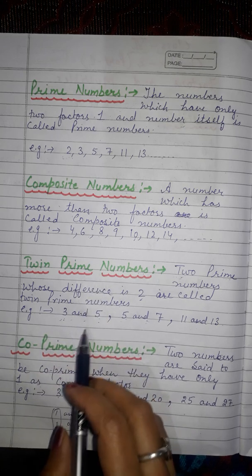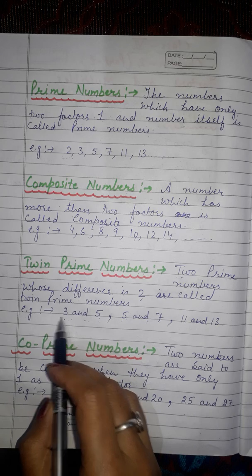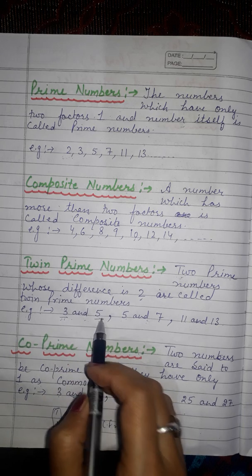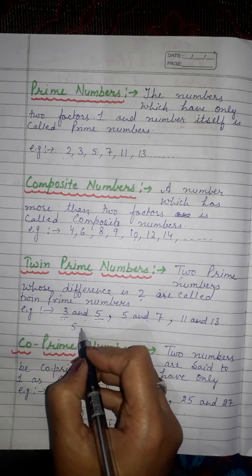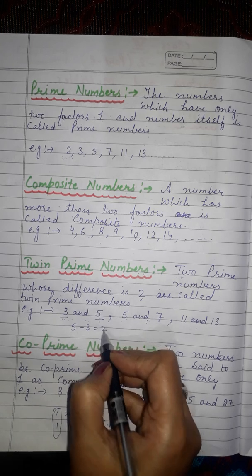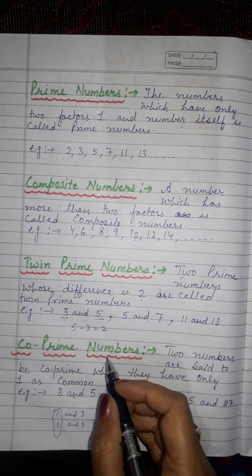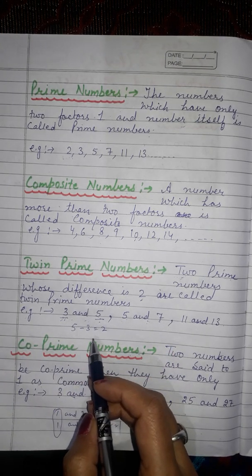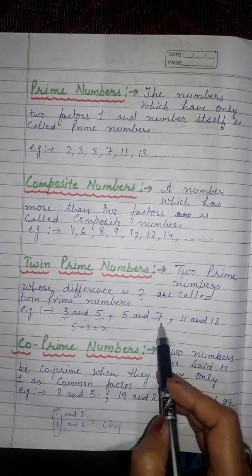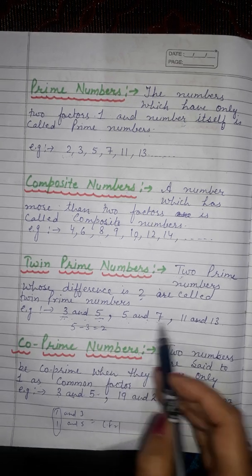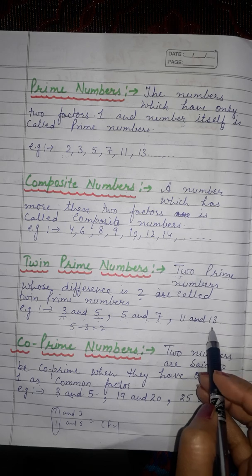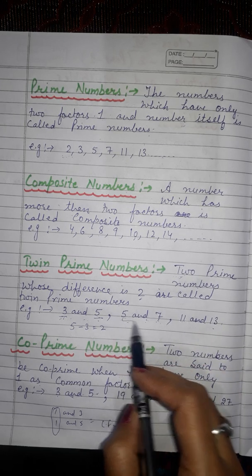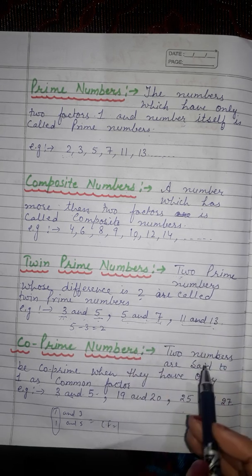For example, 3 is a prime number, 5 is a prime number, and their difference 5 minus 3 is equal to 2. So 3 and 5 are twin primes. And 5, 7 are also twin primes. 11, 13 are also twin primes because they also have a difference of 2.